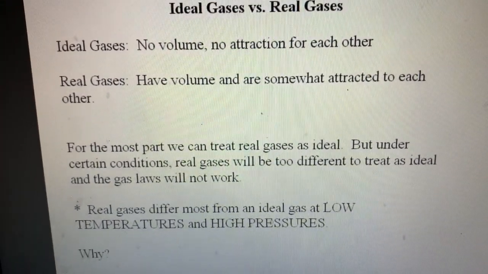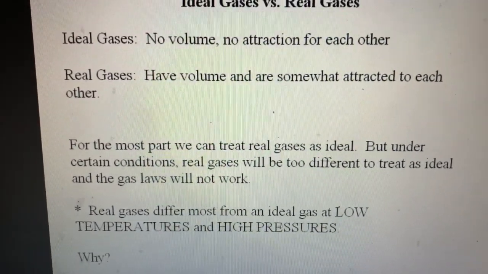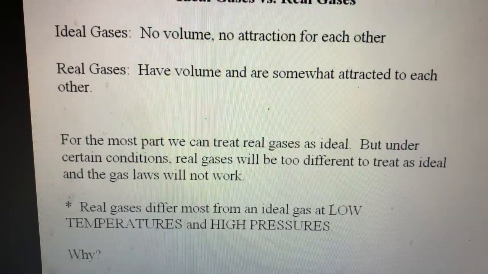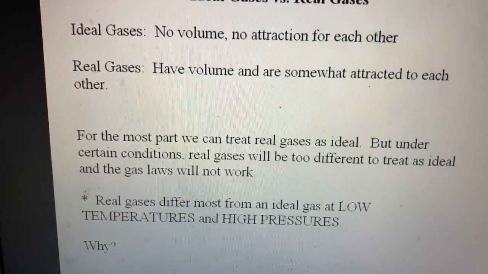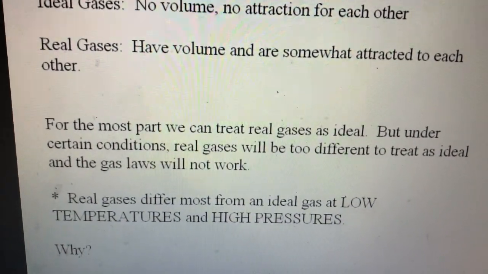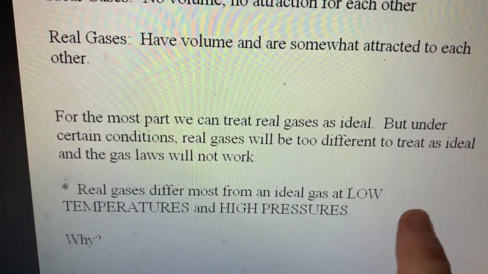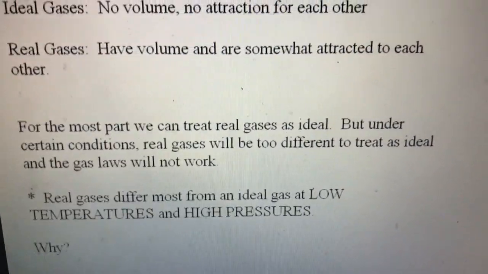All right. For the most part, doing these ideal gas equations works fine, but know that you can have conditions where real gases start to really not quite act ideal. And down here it tells you, real gases differ most from an ideal gas at low temperatures and high pressures. Well, what's happening under that situation?